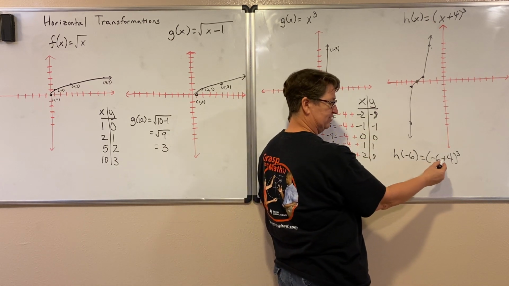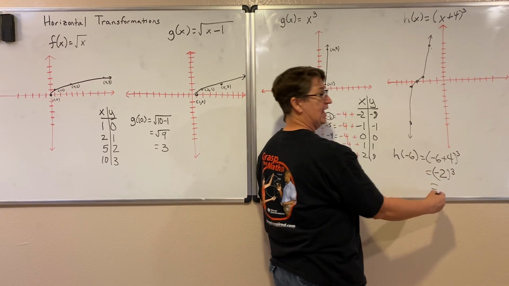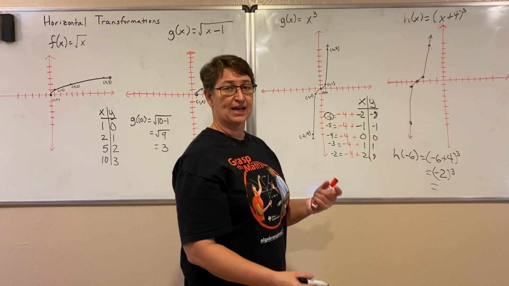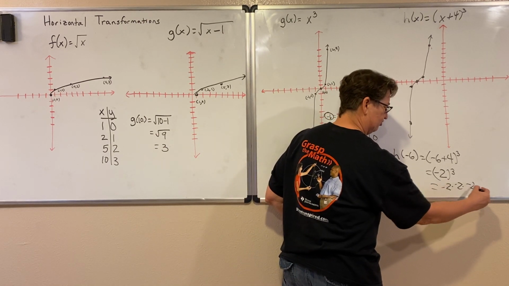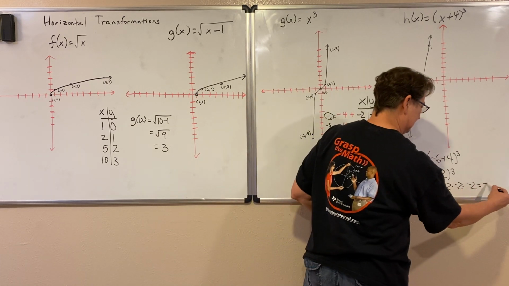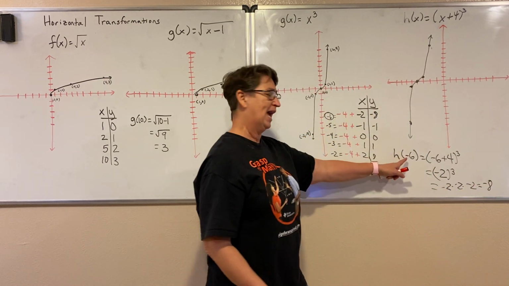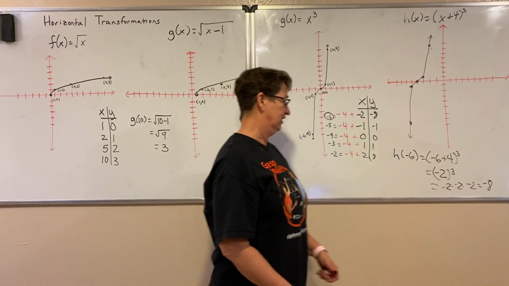Negative 6 plus 4 gives me negative 2 cubed. Negative 2 cubed is negative 2 times negative 2 times negative 2. A positive 4 times a negative 2 gives me a negative 8. So sure enough, when I input negative 6, my output is negative 8.